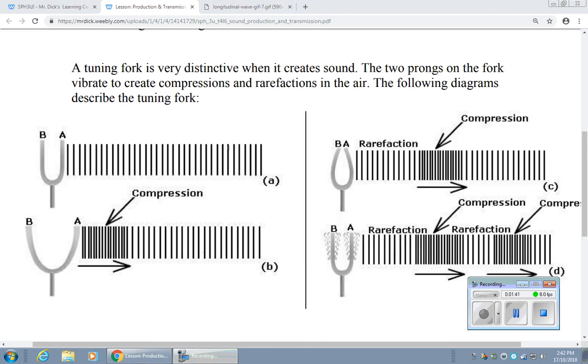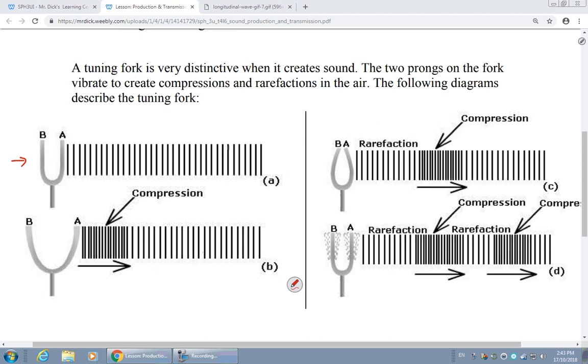To try and see how these sound waves are actually created, though, one really simple thing that creates sound waves is a tuning fork. And tuning forks are used for tuning purposes because they can create a very distinctive sound, a very specific pitch of sound, because they create very simple vibrational patterns. So, for example, in the first stage, picture A, we've got two different prongs, A and B. And right in that stage, nothing is actually happening.